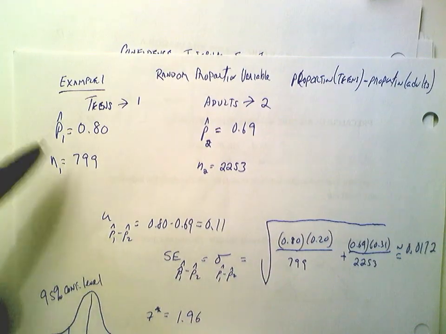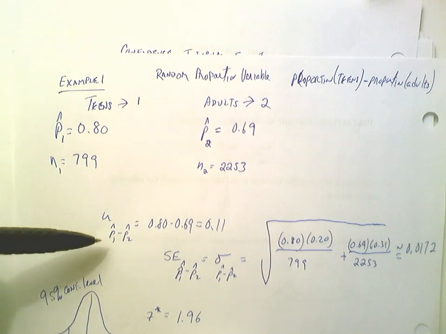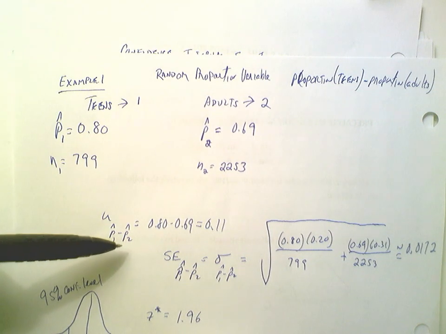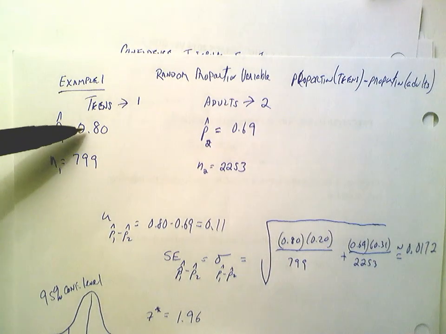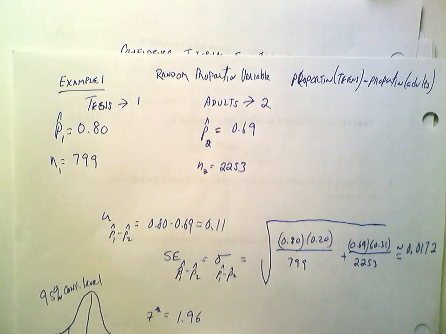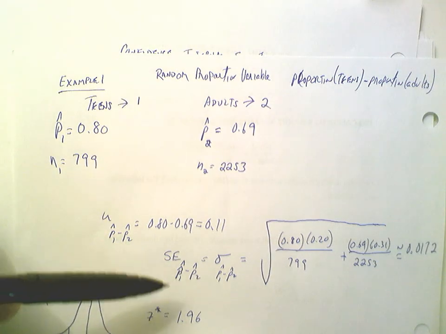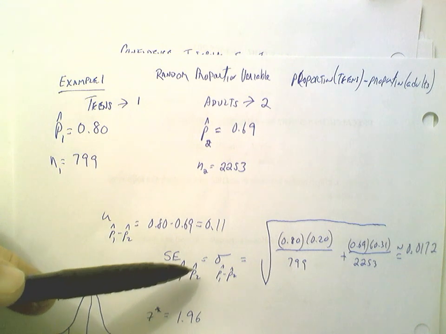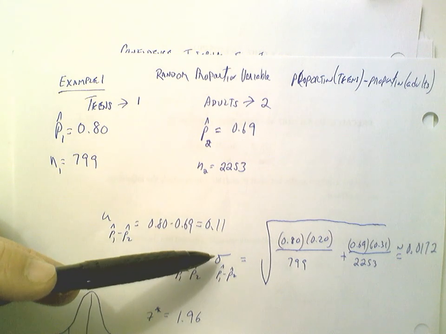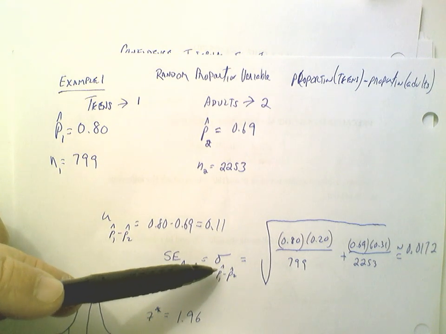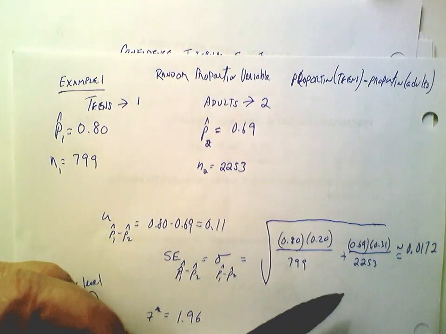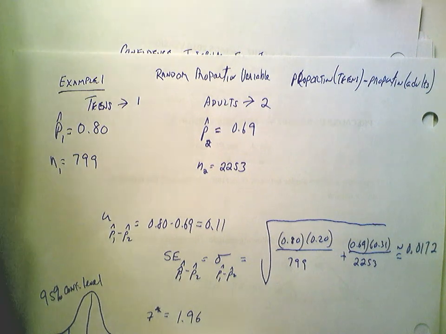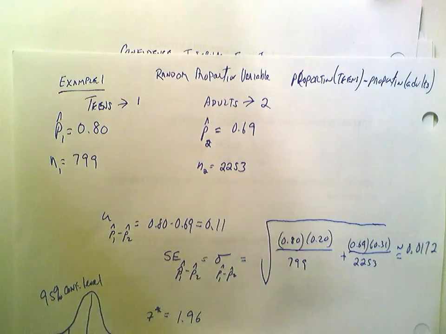Now, how do I run this? Well, what do I know? The sampling distribution of p hat sub 1 minus p hat sub 2 should be normal with a mean of 0.8 minus 0.69, which equals 0.11. And the standard error, which I wrote again as sigma of p hat sub 1 minus p hat sub 2, I just plugged in those numbers from our earlier statement.